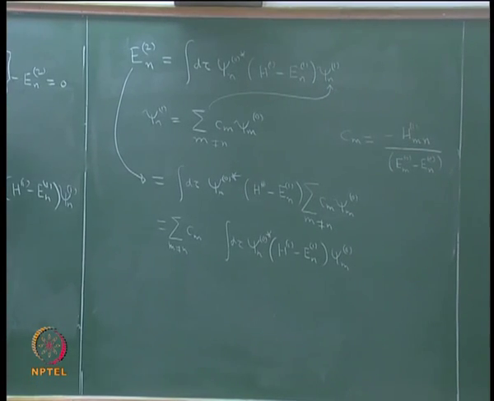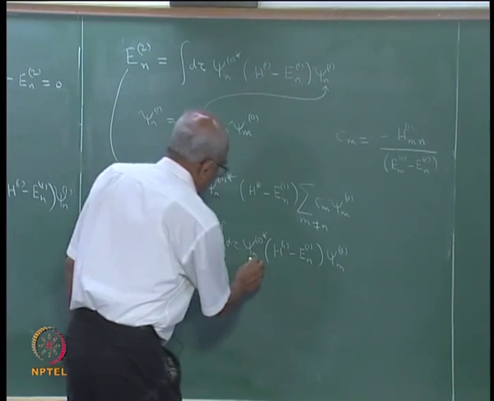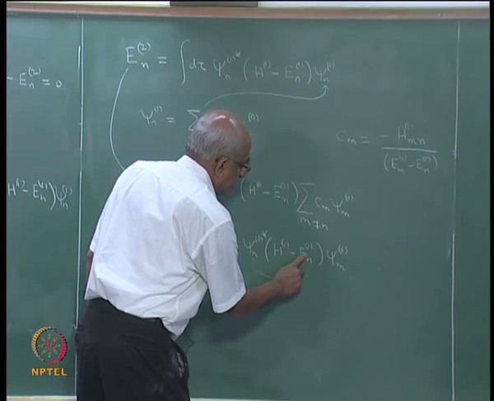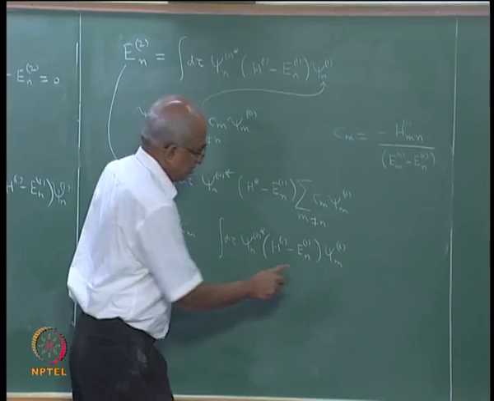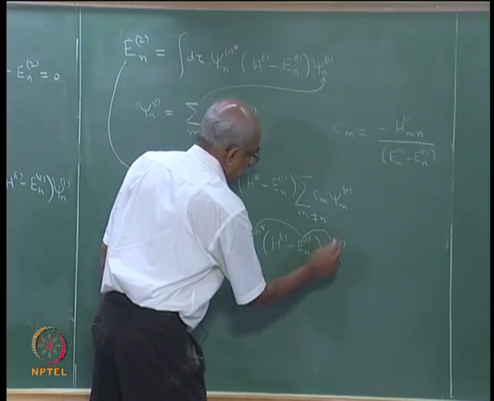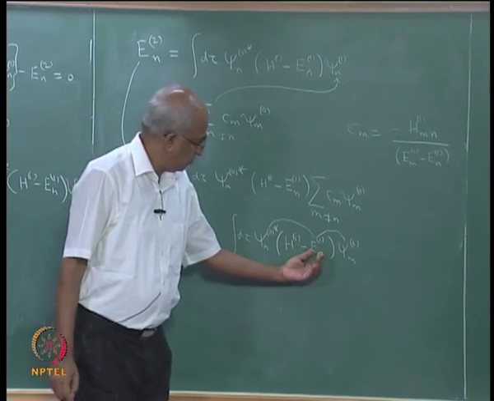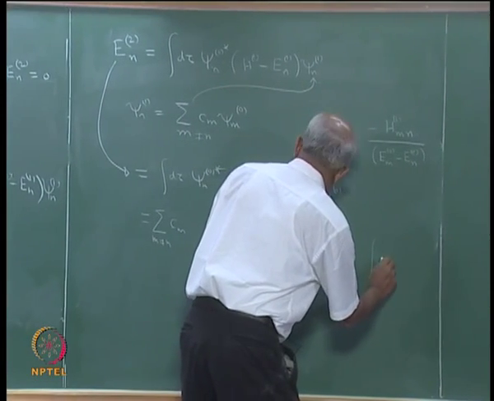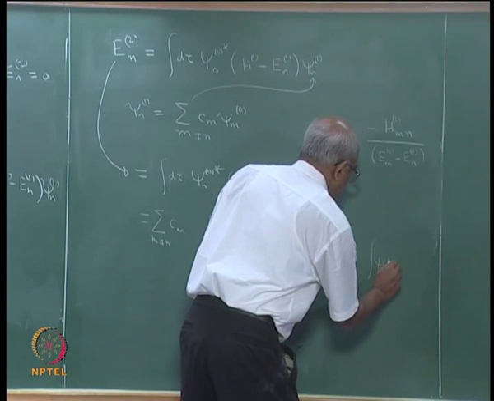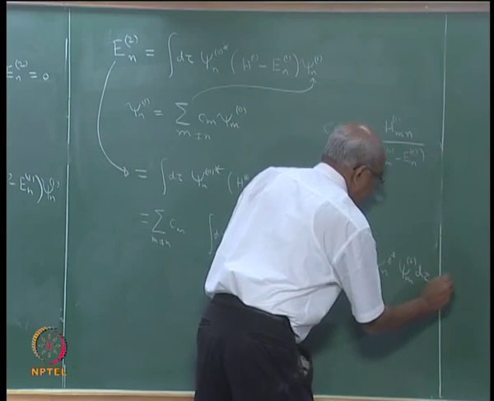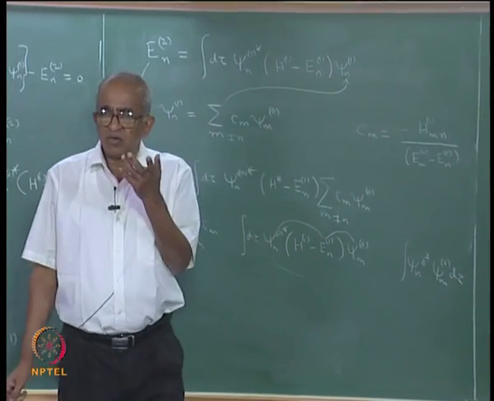Agreed? Then you look at this integral. See, psi n0 star into En1, En1 is just a number. So this integral is nothing but integral psi n0 star psi m0 d tau.